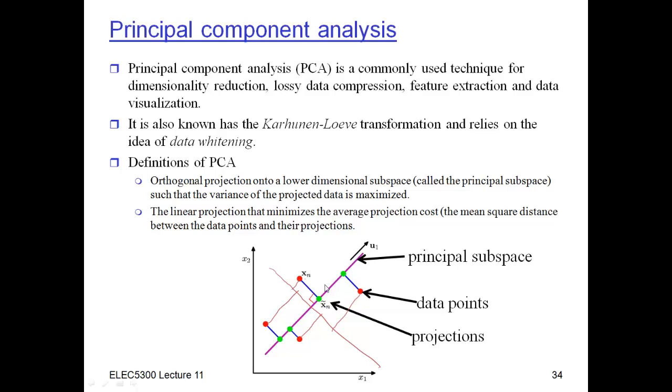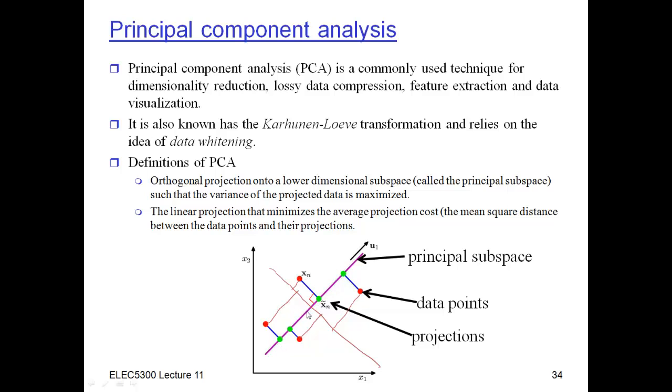Whereas on this purple line, the green points are more spread out than the points along this other line. And so one way you can say is, well, I want to choose the subspace, which will be the best subspace, or now we'll call it the principal subspace, such that the variation or the variance of the projected data is as large as possible, the spread.